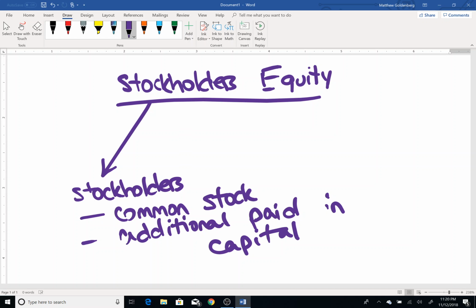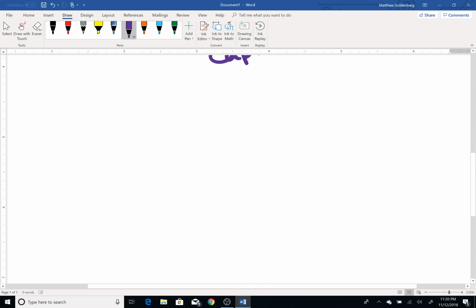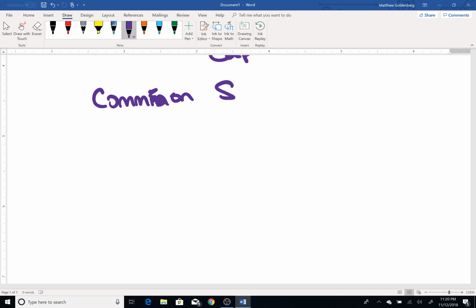All right, let's learn how to calculate that stuff, shall we? We got space right here to do it. So common stock, let's spell that right, refers to the number of stocks someone has.